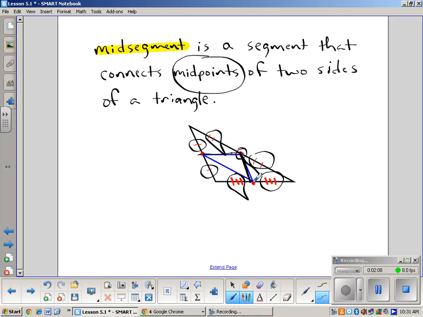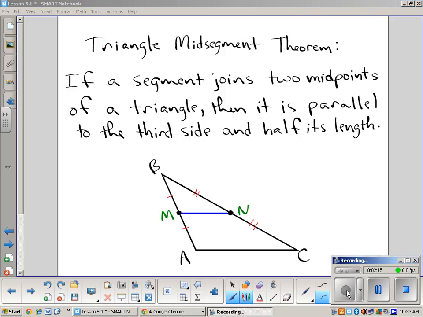So now, what does that allow us to do? Once we have an understanding of what midpoint is, which we should have already known, the triangle mid-segment theorem says if a segment joins two midpoints of a triangle, then it is parallel to the third side and half its length.